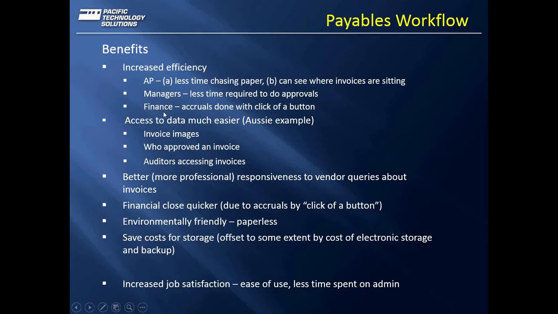And then the finance people: what we provide as part of the system is a function that can do a reversing accrual journal entry. For all of the invoices that are still going through the approval process, they haven't hit accounts payable yet. So we've got a macro that can go through and do the accrual journal entry, and that can save finance some time.